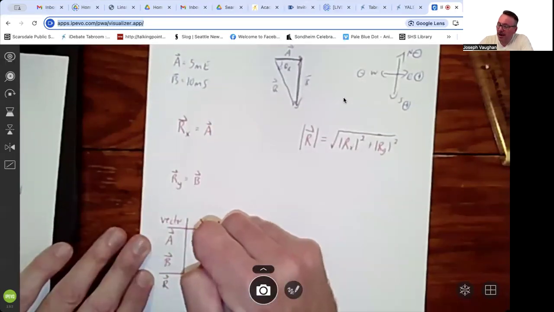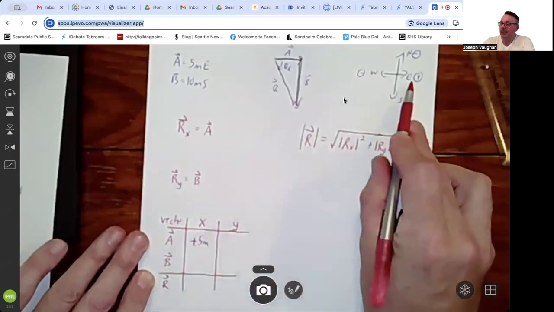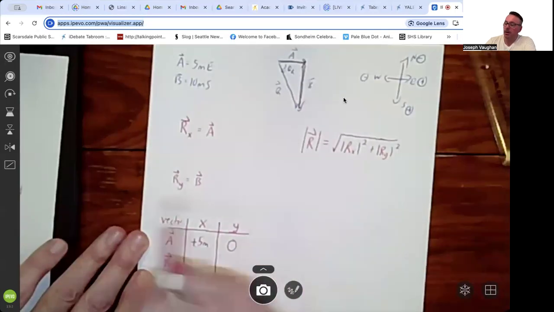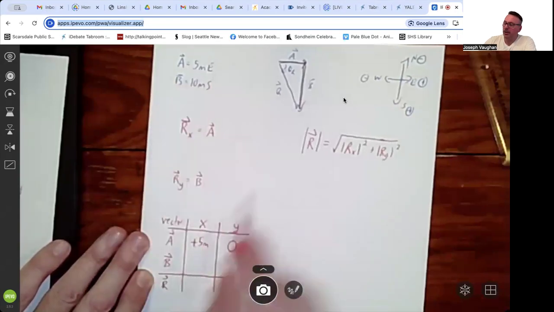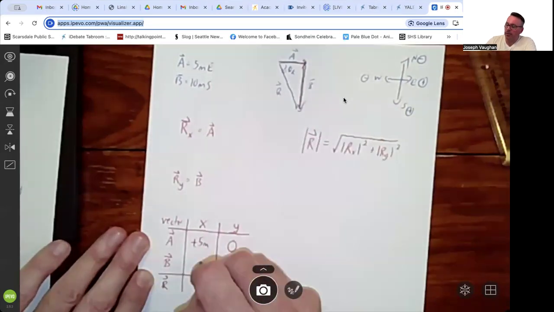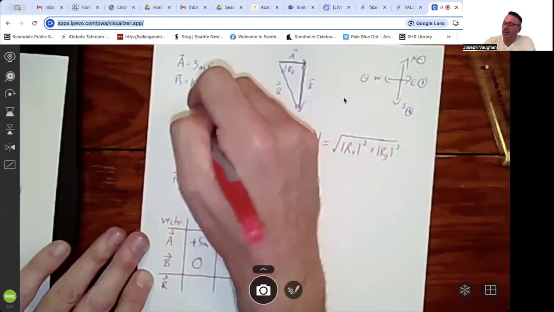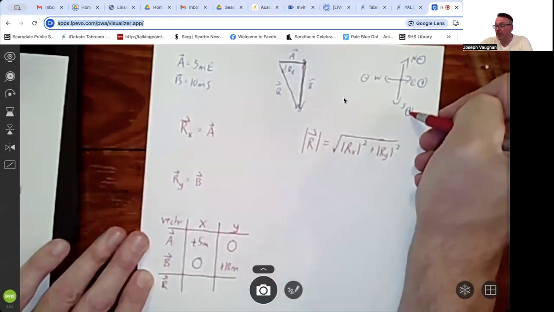All positive 5 meters of it does, because positive in this case means east. And how much goes vertically? Well, nothing. Okay. And then vector B, well, how much goes in the horizontal direction? Well, nothing. And how much of it goes in the vertical direction? Well, all of it does. And it's positive 10 meters because it's 10 meters south, right?